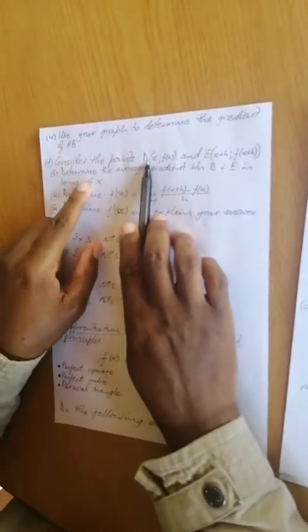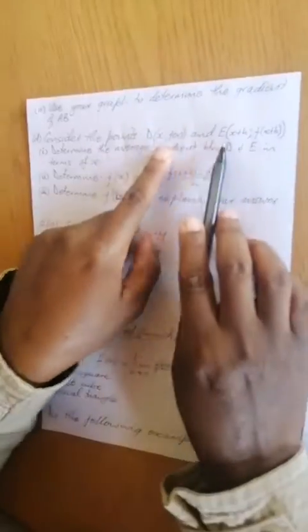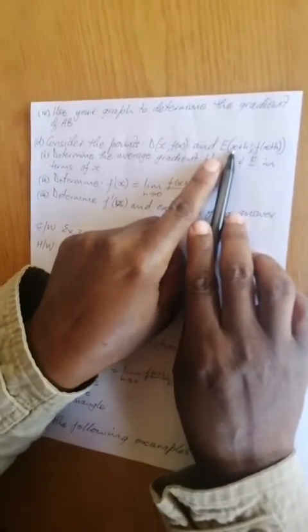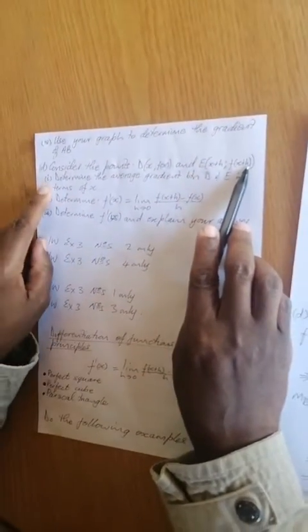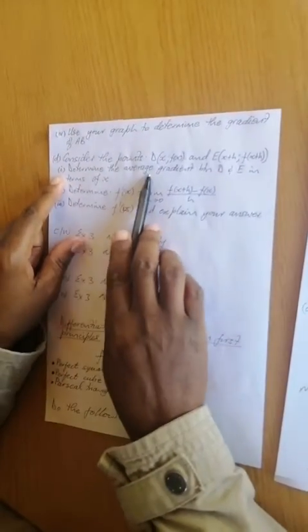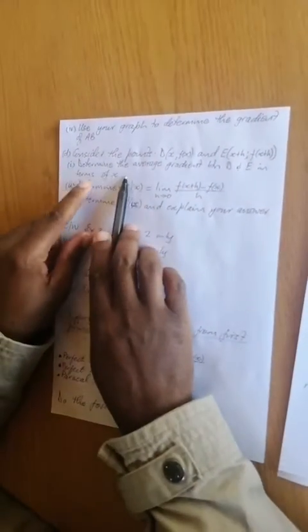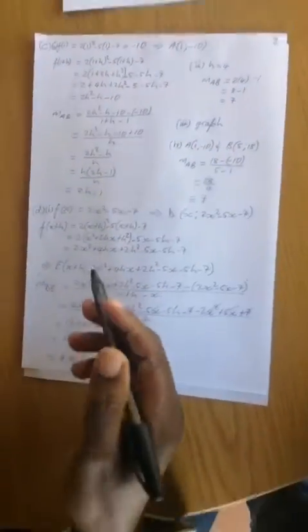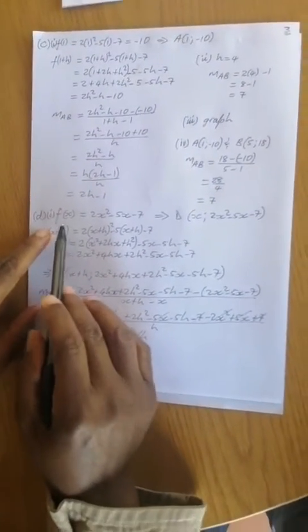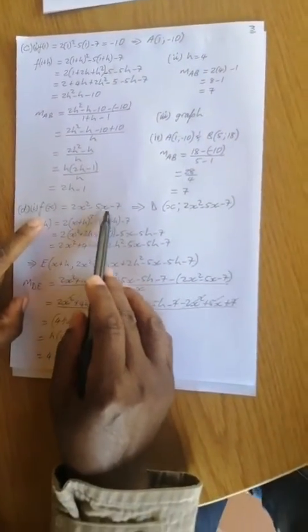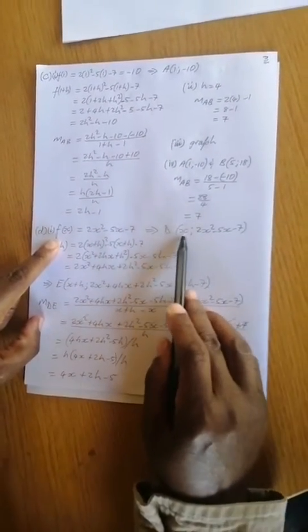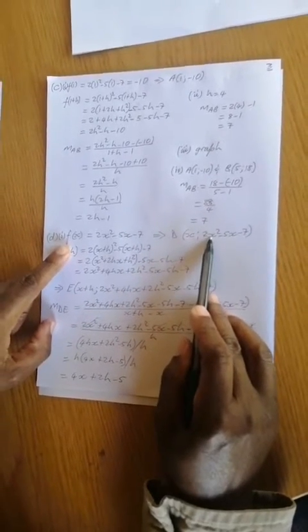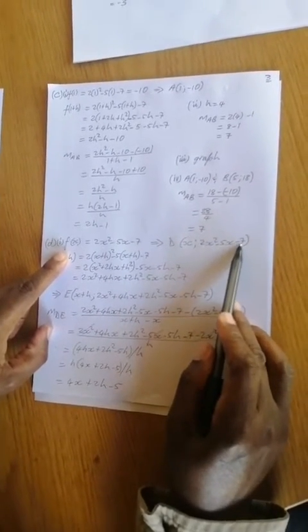consider the points D with coordinates (x, f of x), and E with coordinates (x plus h, f of x plus h). Part 1 reads, determine the average gradient between D and E in terms of x. Now, as usual, our definition of f of x is 2x squared minus 5x minus 7, which implies that at D, the coordinates are x and 2x squared minus 5x minus 7.